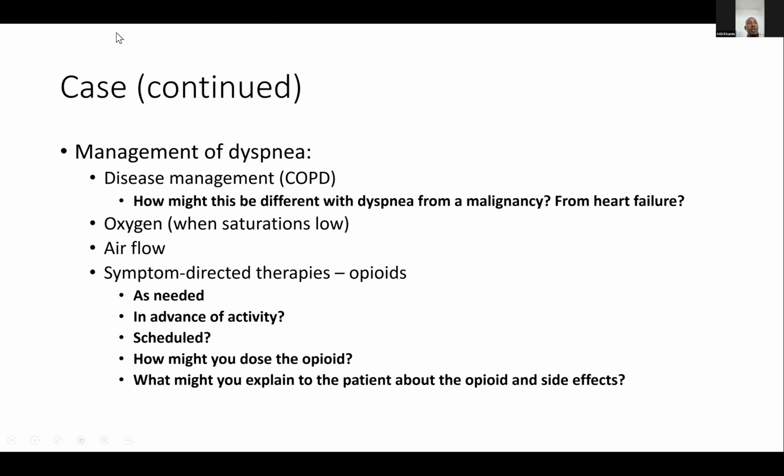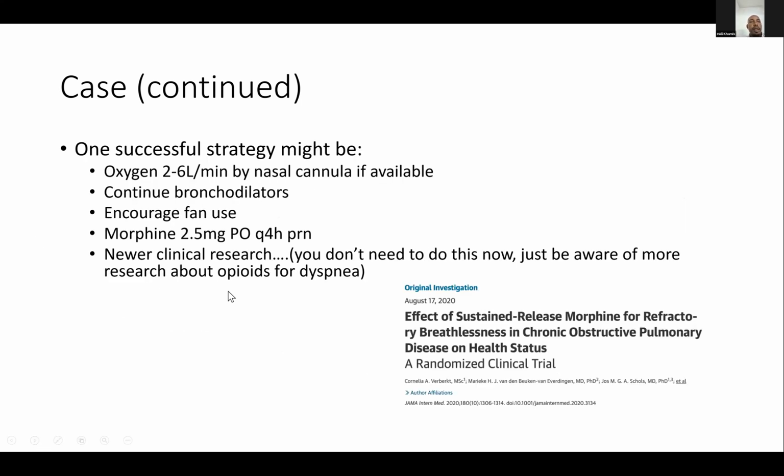The case is still continued. Next, Erin. One successful strategy may be oxygen 2 to 6 liters per minute per nasal cannula if possible. Continuing bronchodilators. Encourage fan use. Morphine 2.5 mg per oral, every 4 hours as needed.